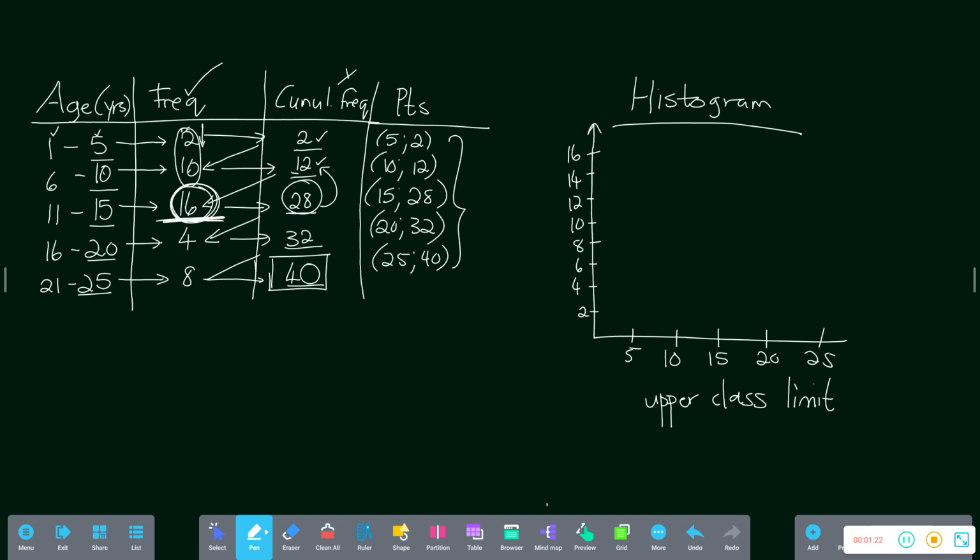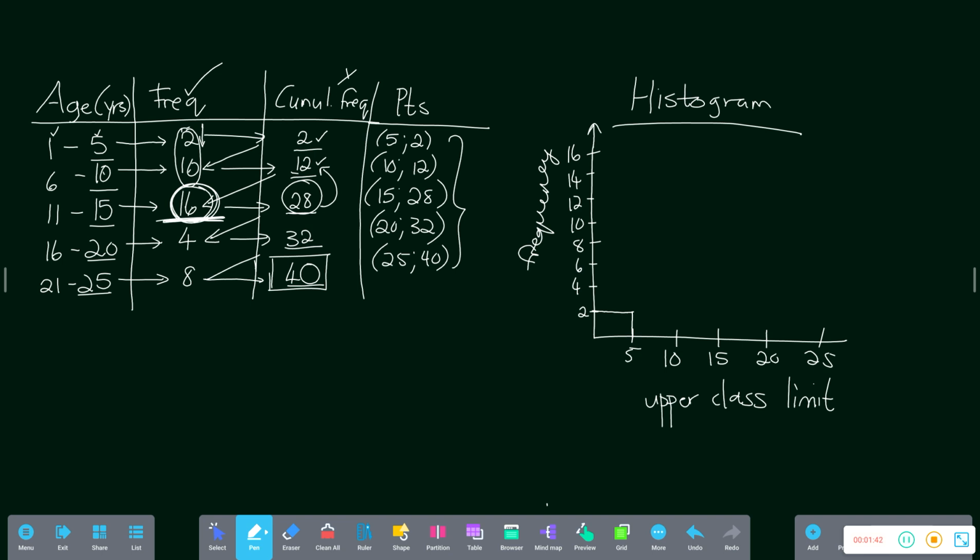So I find my 2, here this one is the frequency, and I go across and then bring it down to my 5. That shows that between the ages of 1 and 5, there are 2 people.